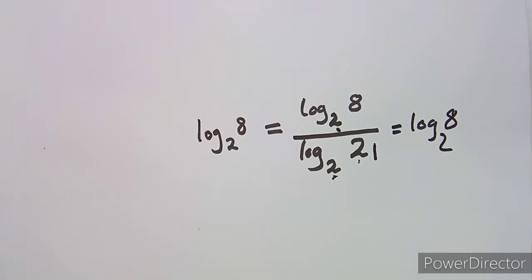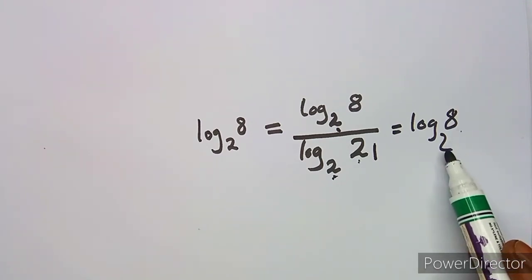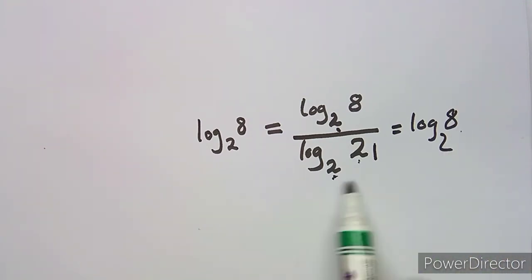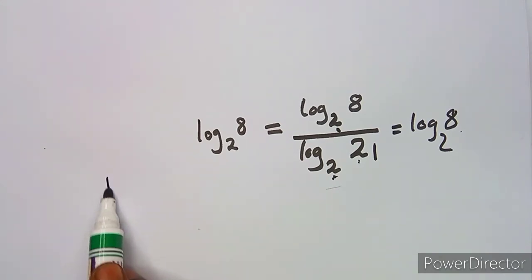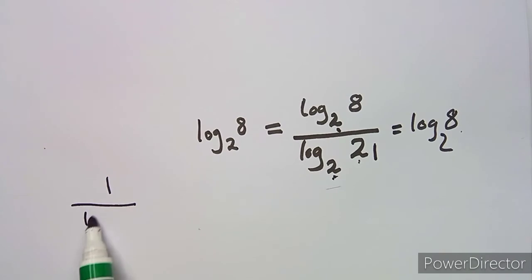But if it was a condition that the log 8 base 2 was in the denominator here, it wasn't going to remain like that. It was going to remain as 1 over log 8 base 2.